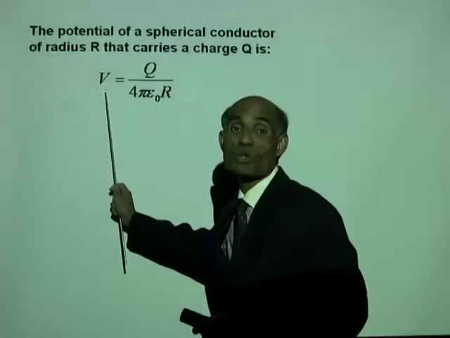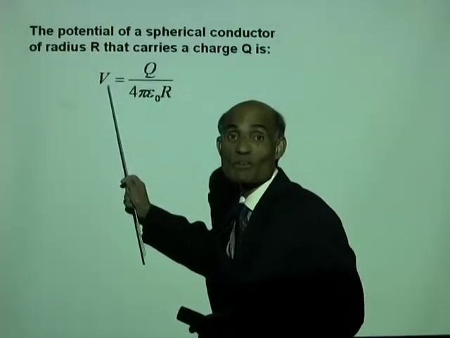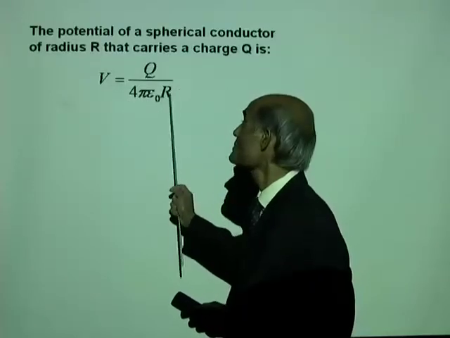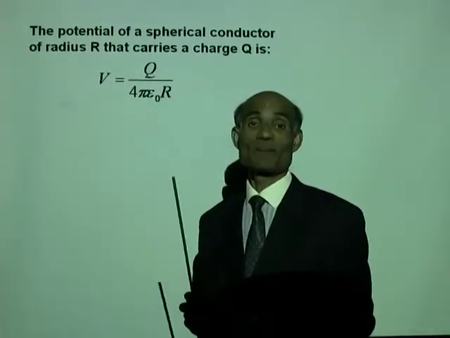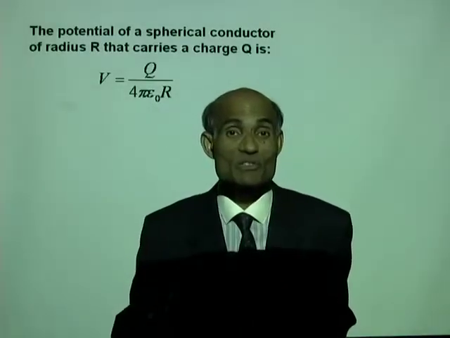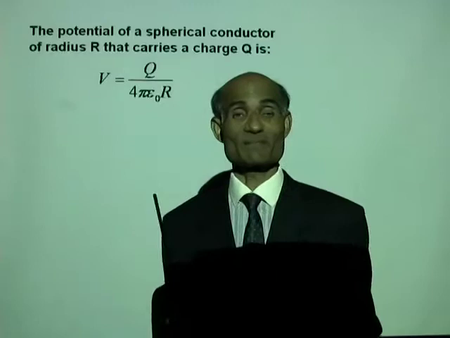I can write the potential of a spherical conductor as Q over 4 pi epsilon naught R. Therefore, can you write an expression for the capacitance of a spherical conductor?